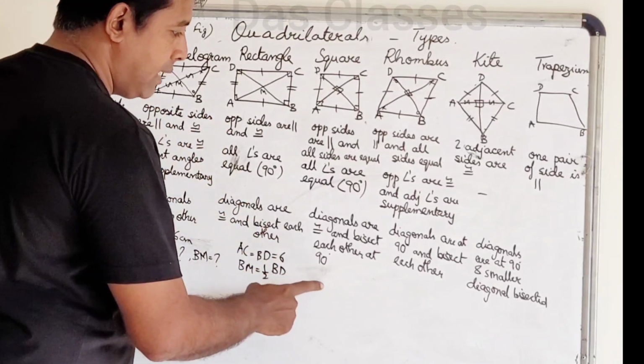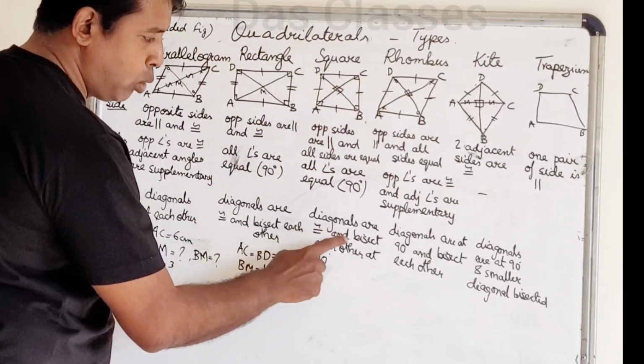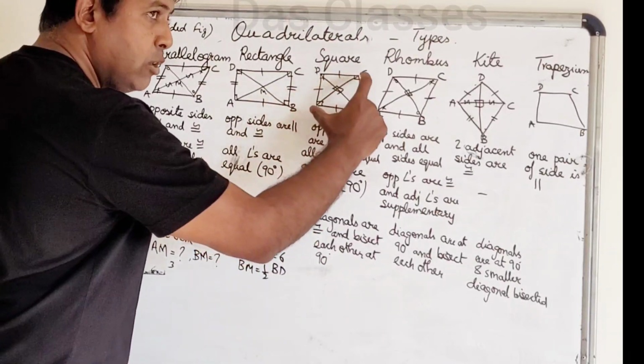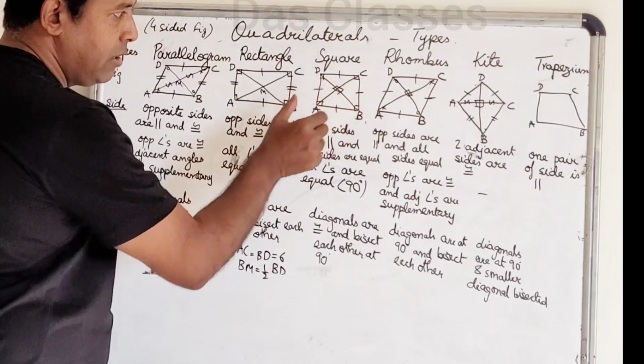Same thing in the square. If I know one diagonal, as both the diagonals are congruent, whatever the value of one diagonal, the other would be the same value, and we can find any of the values.